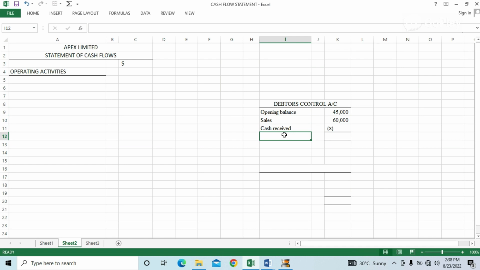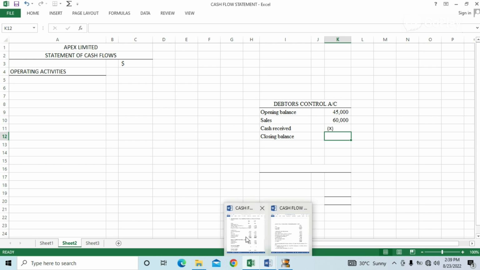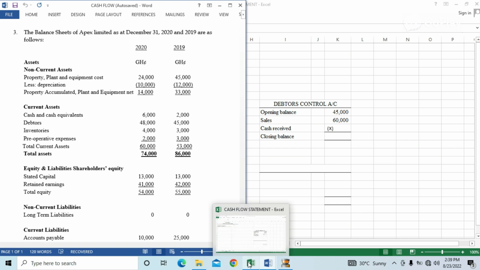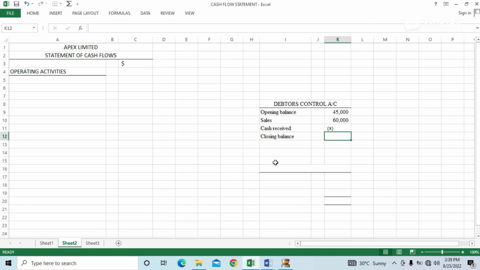Then that's what will give us the closing balance, which is the amount at the end of 2020 in the balance sheet. So at the end, the balance sheet says that 48,000 is what our debtors are owing us.